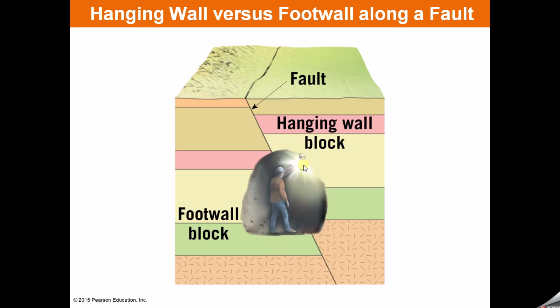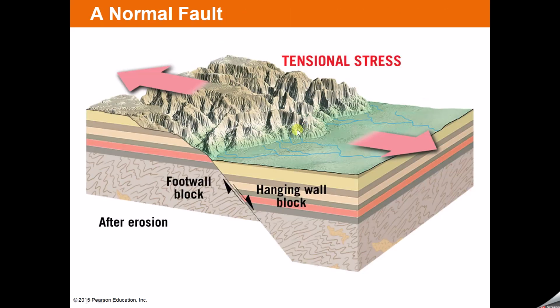Where you're hanging your light or your jacket, this is the hanging wall. So the hanging wall is the surface above the fault, the foot wall the surface below the fault. Okay? And by the way, this fault is reverse. So let's look at the normal fault here.